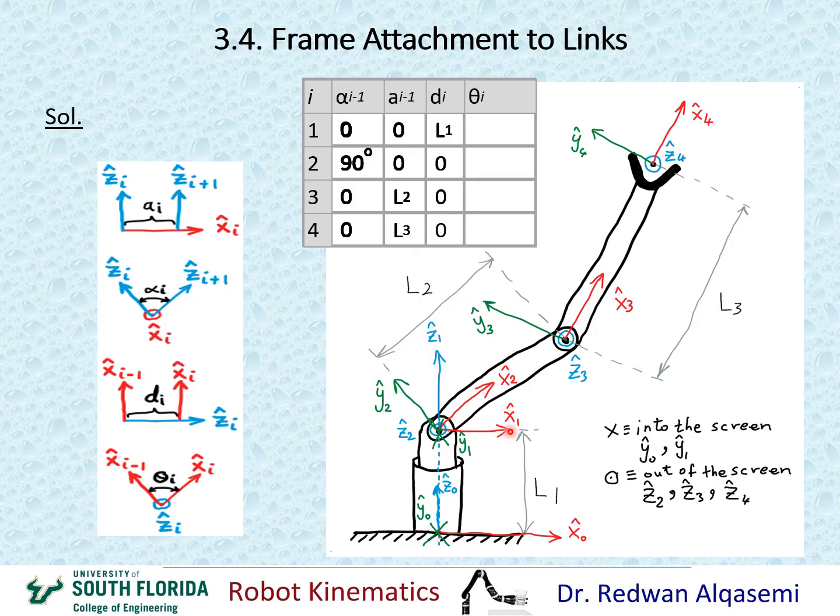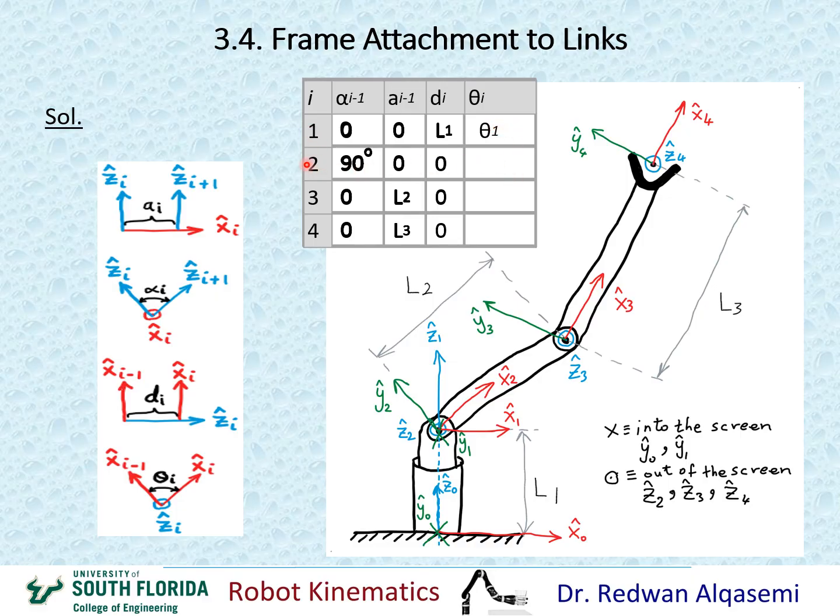The way it's drawn, the angle seems to be 0, but as soon as you start moving joint 1 about this axis, x1 will move along with it, and it will create an angle between x1 and x0 about z1. So this angle is a variable, and I'm going to call this variable theta 1, which we're going to put right here.